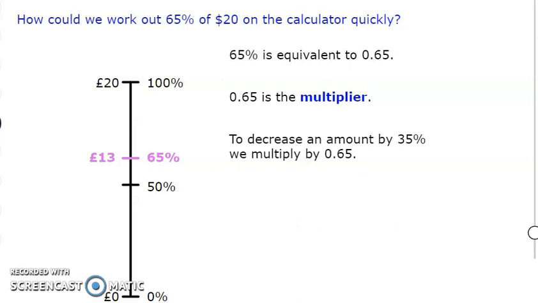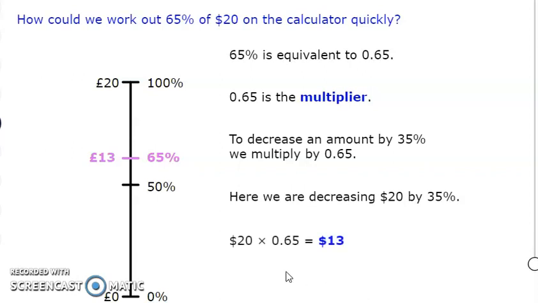Here we are decreasing $20 by 35%. So the calculation on your calculator is 20 times 0.65, that is $13.